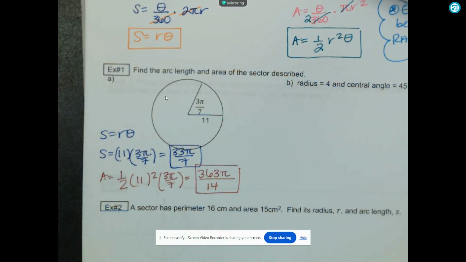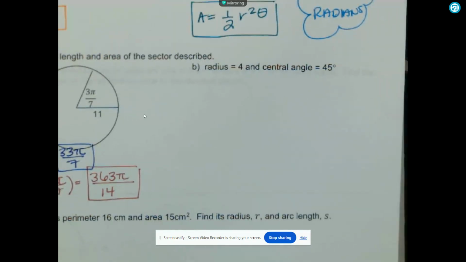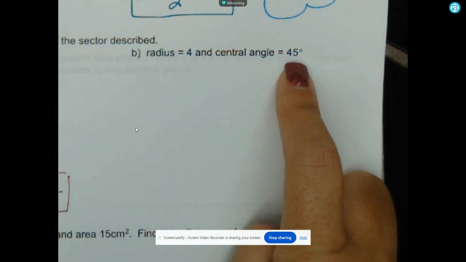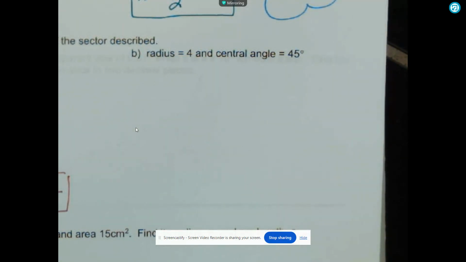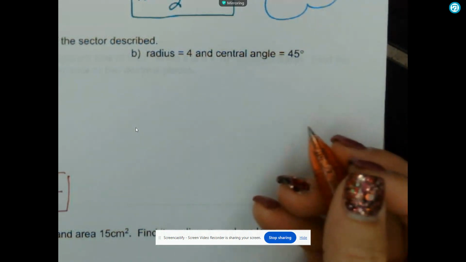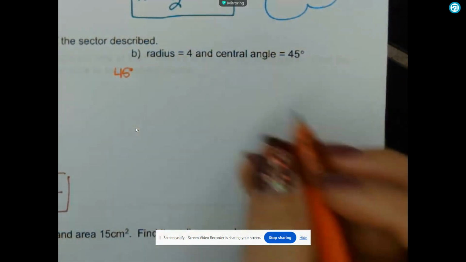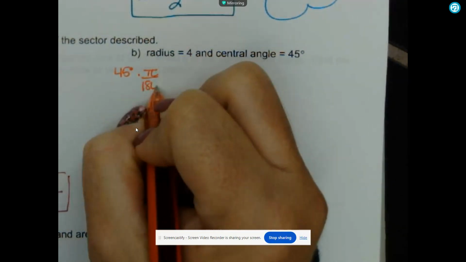All right, letter B. What's the first thing you notice that's wrong with letter B? It's in degrees. It needs to be in radians. So we're going to do our conversions from yesterday. If I want to convert 45 degrees to radians, I'm going to multiply by pi on 180.